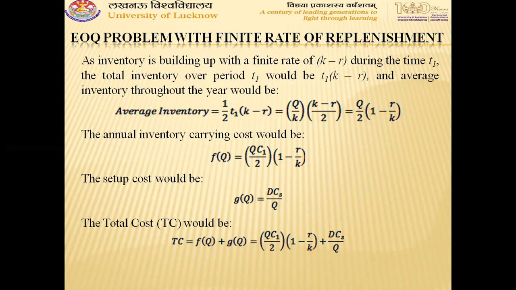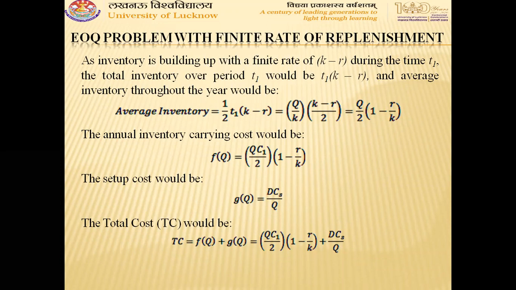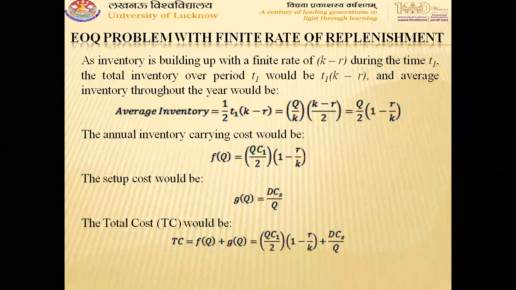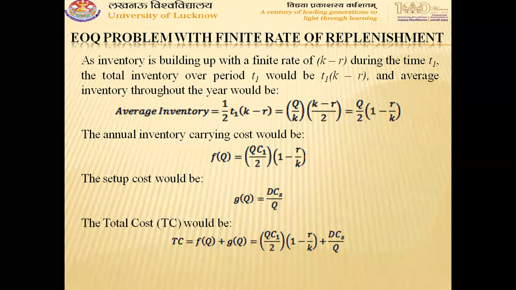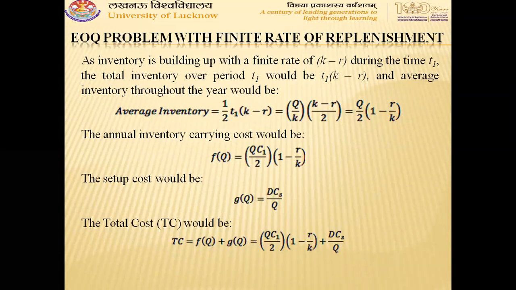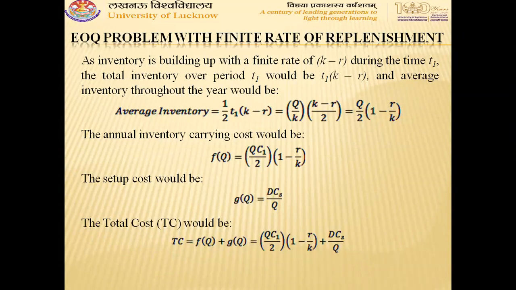So average annual inventory carrying cost will become average inventory into cost per unit of inventory carrying, that is Q C1 upon 2 into (1 minus R by K). Setup cost will be the same as in the fundamental EOQ problem, D CS upon Q, and total cost will become the carrying cost plus setup cost, that is 1 by 2 Q C1 into (1 minus R upon K) plus D CS upon Q.